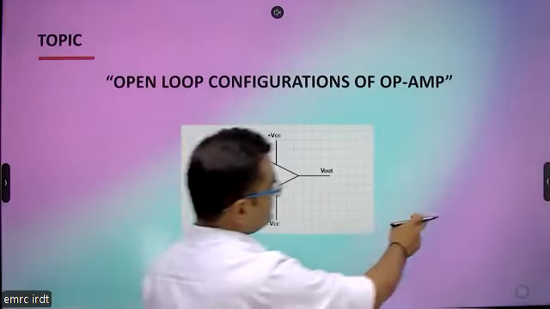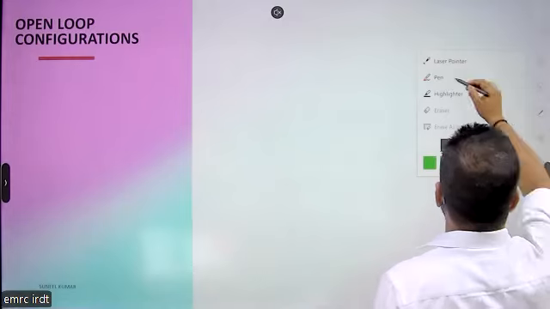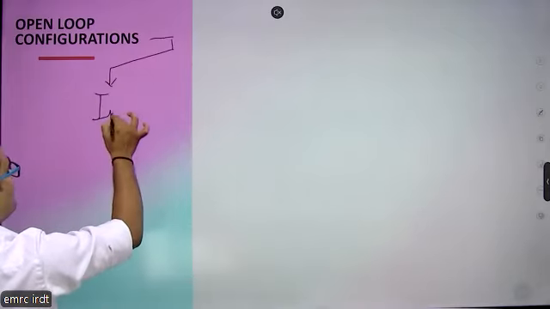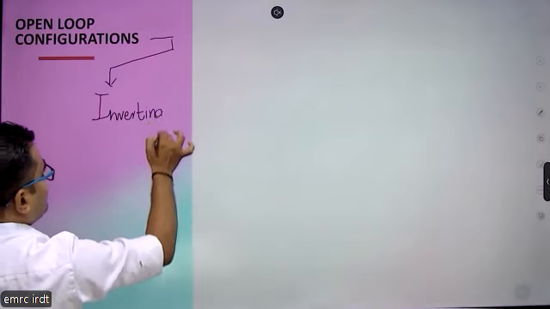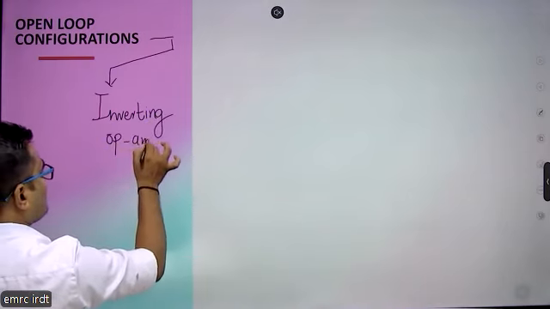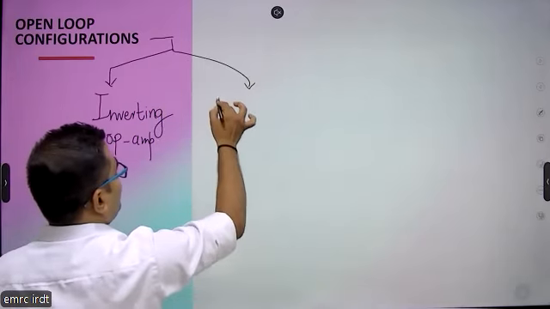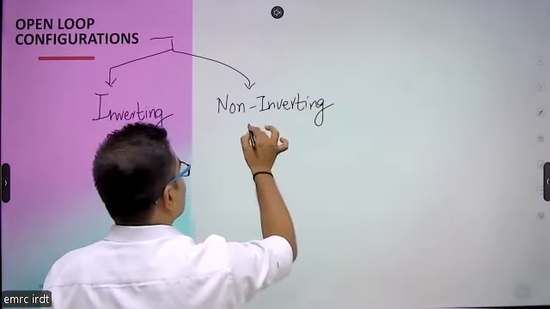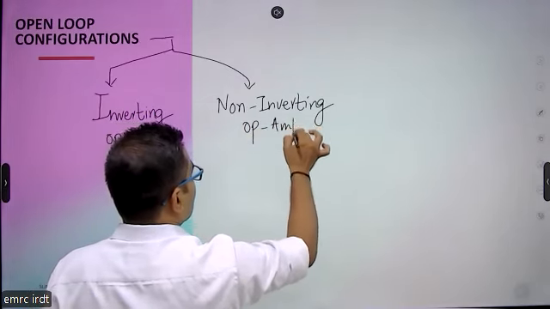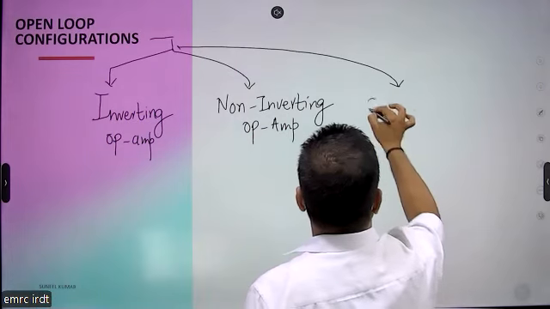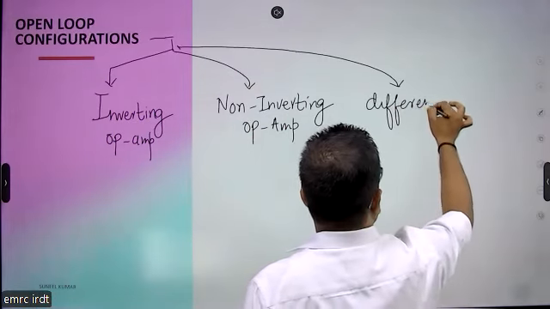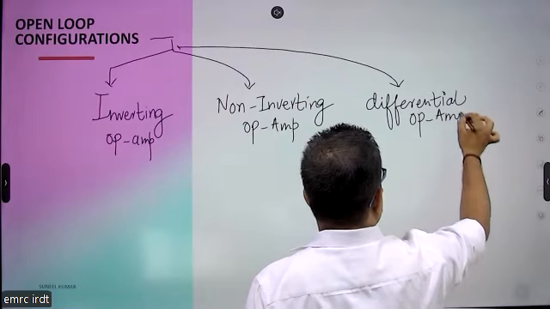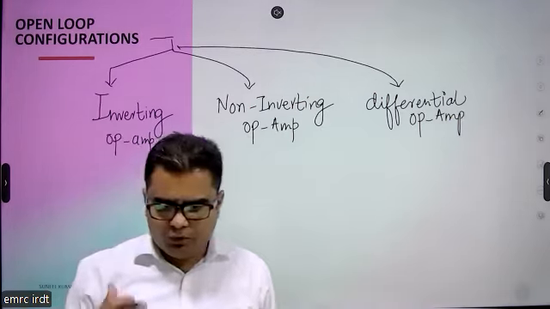One is inverting op amp, another one is non-inverting op amp, and the third one is differential op amp. So these are the three configurations of open loop op amp.